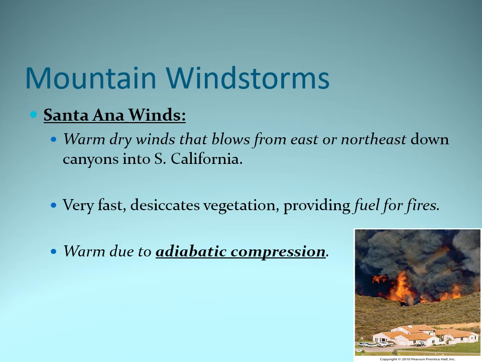Just like when we were talking about the formation of clouds with air parcels, when air parcels rise, they expand and cool down. So conversely, when these parcels of wind are coming down toward the surface, they get compressed and they warm up. If you compress air, it typically warms up.